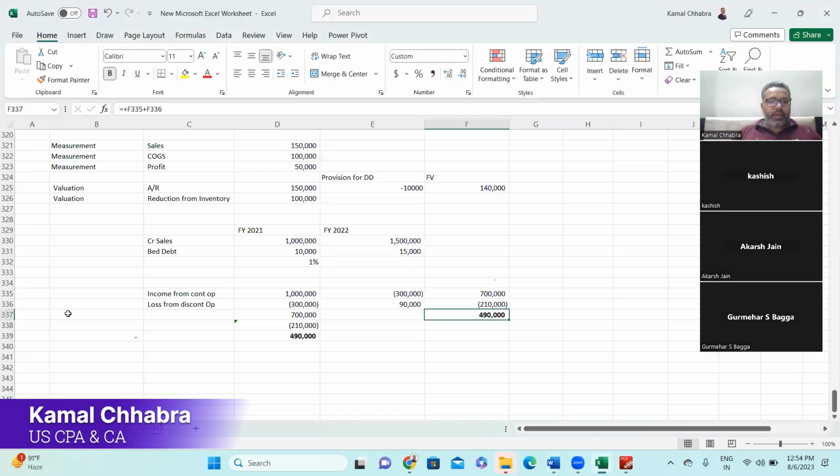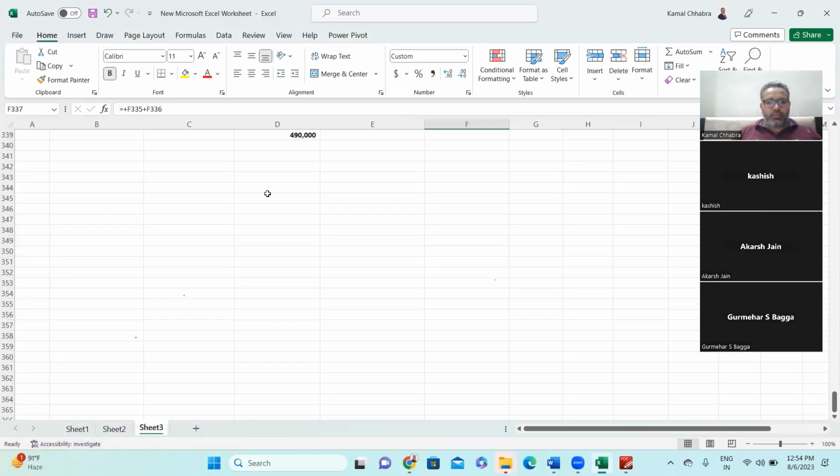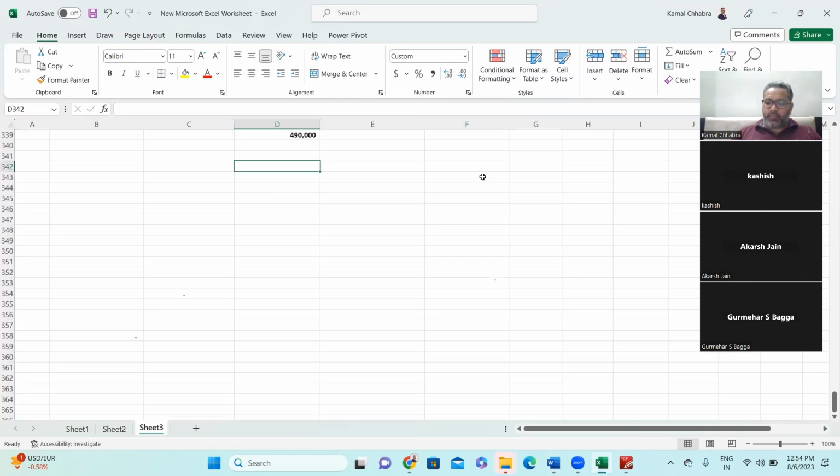Maybe let's do the math. So on October year 3, Washington INC committed itself to a formal plan to sell the division, right? The estimated amount of loss from disposal of assets would be $25,000, right?